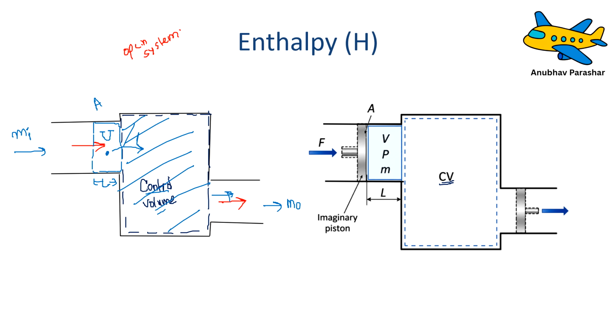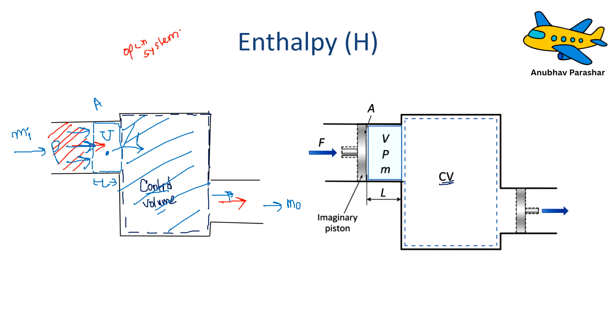The answer is it is going inside because the fluid behind this element is applying some pressure on it. Pressure multiplied by area is the force. So the fluid behind this element is applying some force on this tiny element.